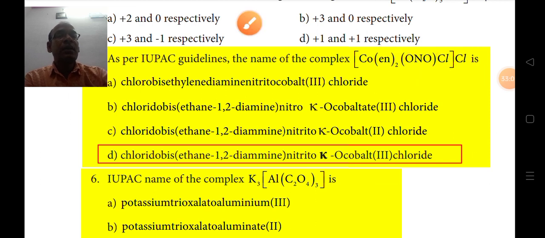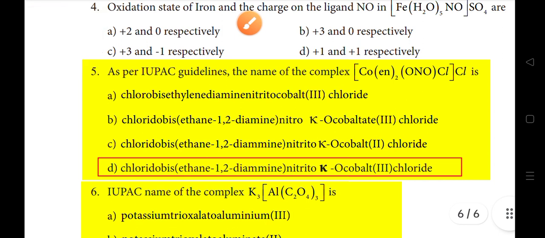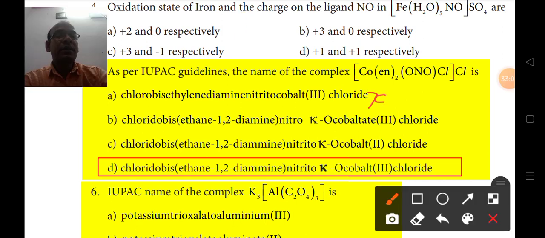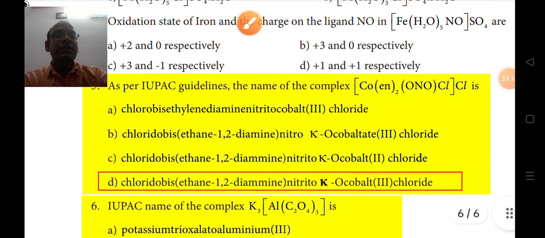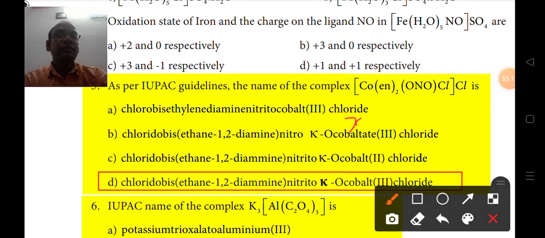First, X. En is a neutral ligand, therefore cancel out. 1 nitrito, X, 1 NO2 has a 1 minus, likewise 1 chloride has a 1 minus, equals plus 1.